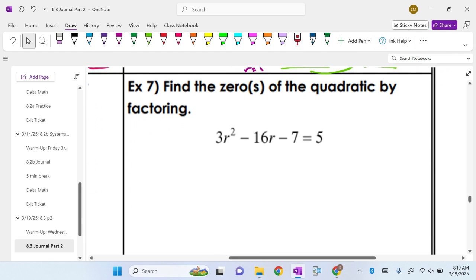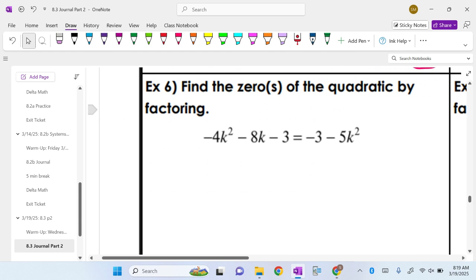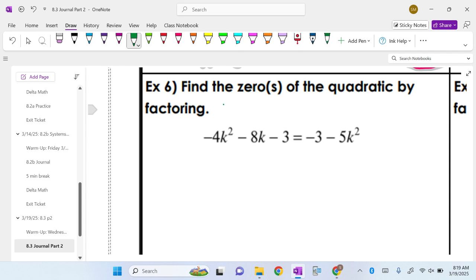All right. 2 more and then we'll take a break. So we need one side equal to 0. This one's a little bit more tricky. My suggestion to you is you always want your x squared value to be positive.